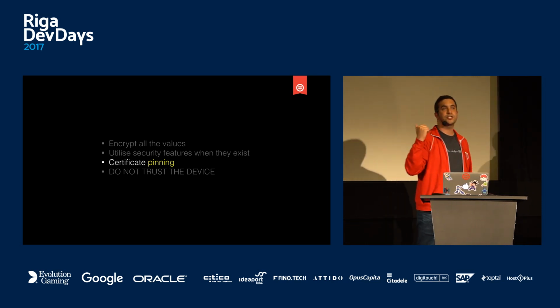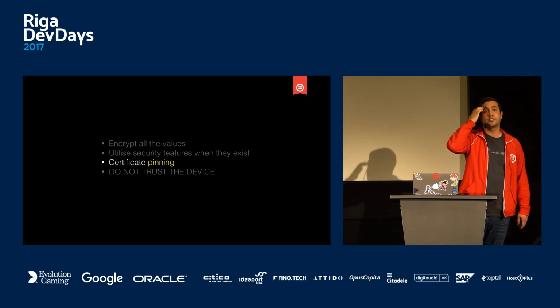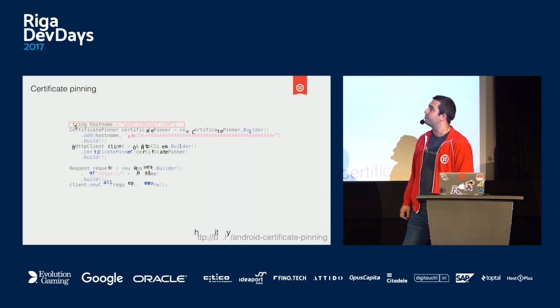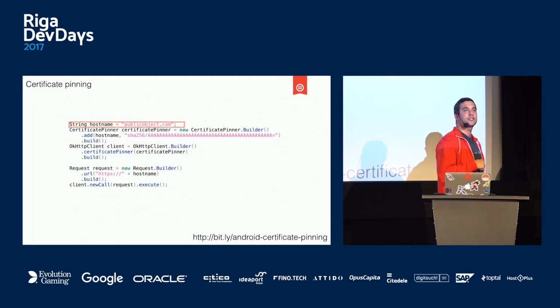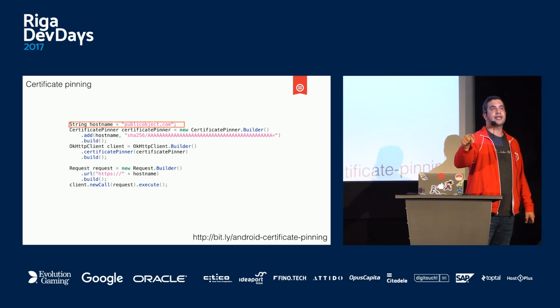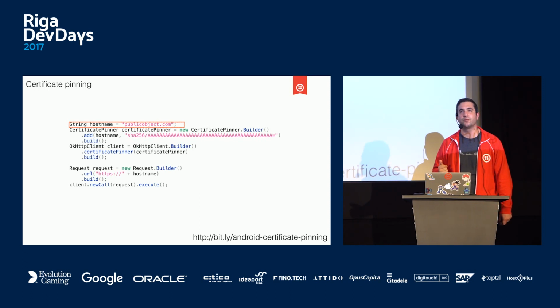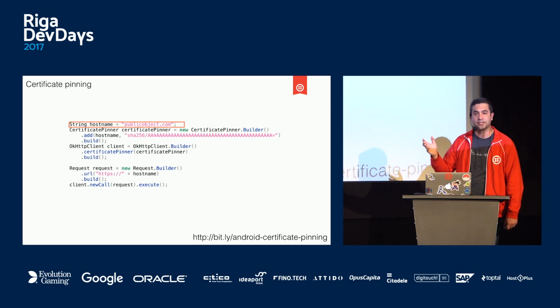The example I showed you in the beginning, I was actually going to an HTTPS URL. What you can do, though, is use certificate pinning to say, hey, only my application can use that server, and only that server can talk to my application. So when you try a man-in-the-middle attack, for example, you won't be able to spoof the certificate.